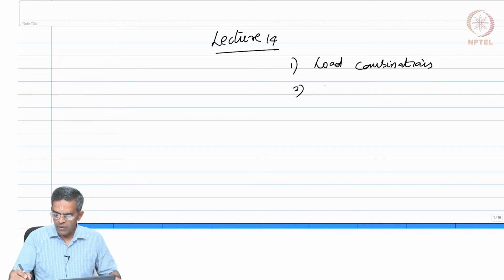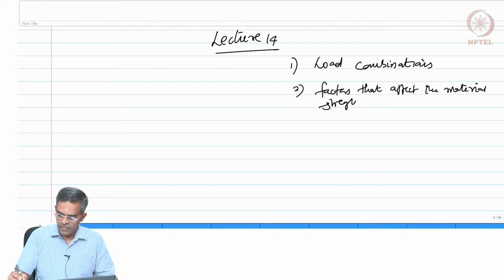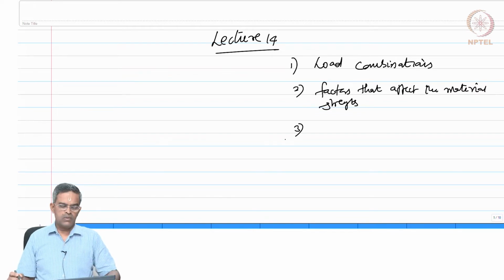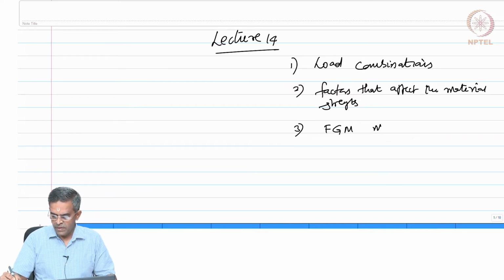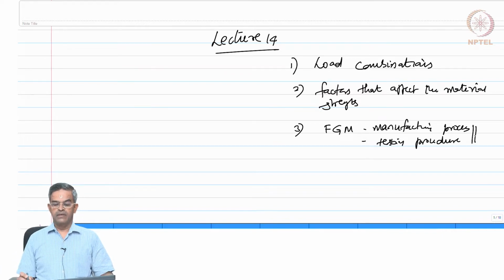We are going to talk about the factors that affect the material strength, and we will also talk about the FGM manufacturing process and testing procedure as a part of the extended discussion we had in the previous lectures.